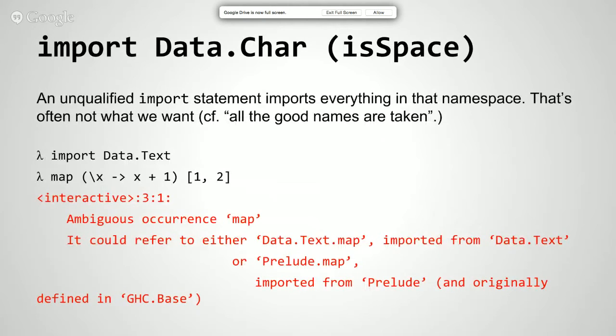For example, if you import Data.Text, which is the recommended string type for anything more heavy duty than a few hundred characters, and you import Data.Text without some kind of qualification, you now have ambiguity in map because there's a Data.Text.map and there's a map in the Prelude.